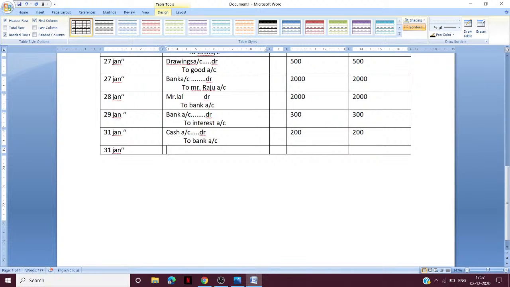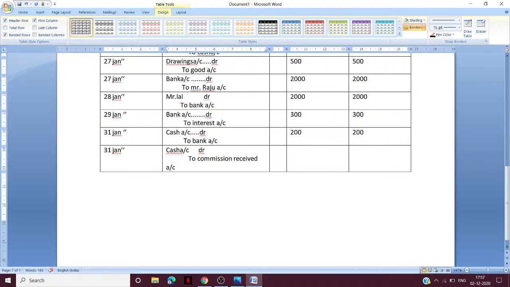So note that cash account debit to commission received account. So this is the transaction. Amount is 100 on both the sides.